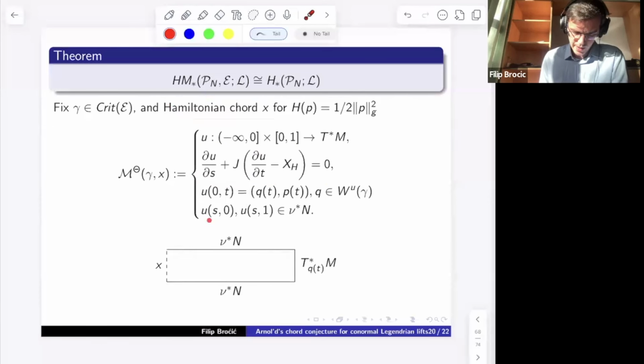On the boundary, so if t is equal to 0 or 1, on the infinite parts of the boundary, we impose Lagrangian boundary conditions to the conormal Lagrangian.